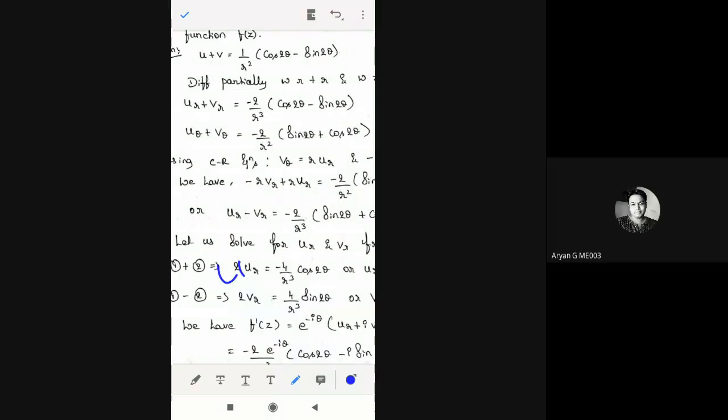Now we got these two equations. As we did previously, in the previous problem, with the help of the CR equation, we changed uy plus vy in terms of ux and vx. Similarly here, we will change u theta and v theta in terms of CR equations.